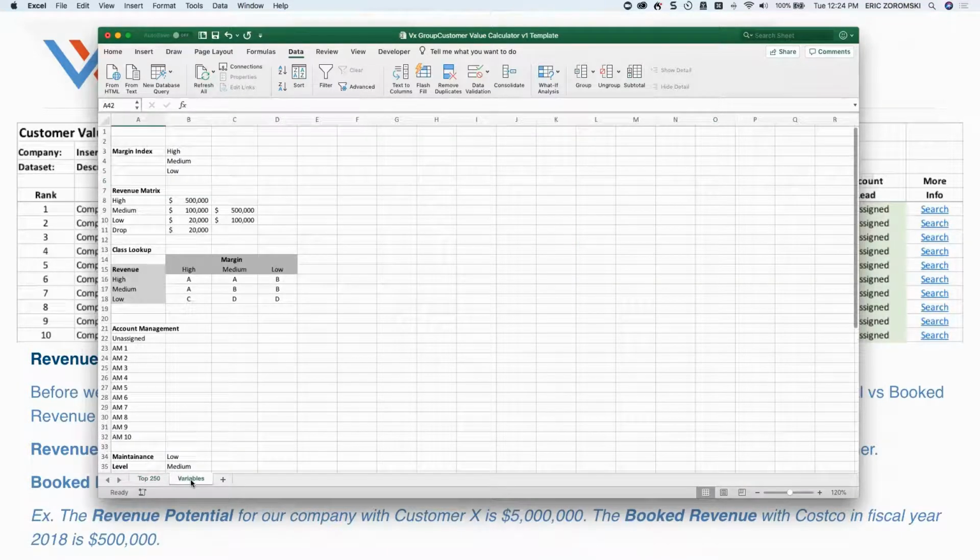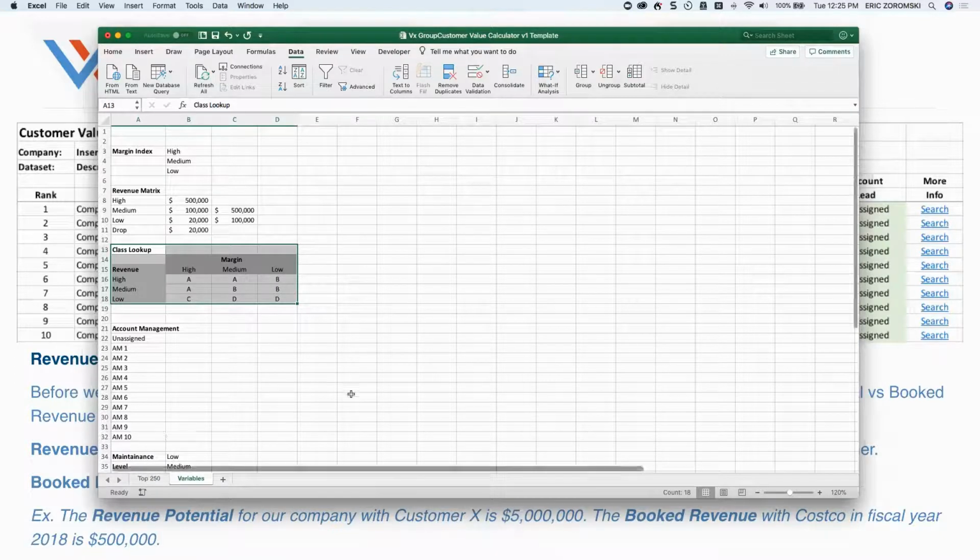And then there's a set of variables that you can change in order to drive the ranking of your customers. So there's a revenue matrix that looks at the revenue. There's a lookup table that determines that high revenue and high margin is an A, high revenue and low margin is a B, and so forth.